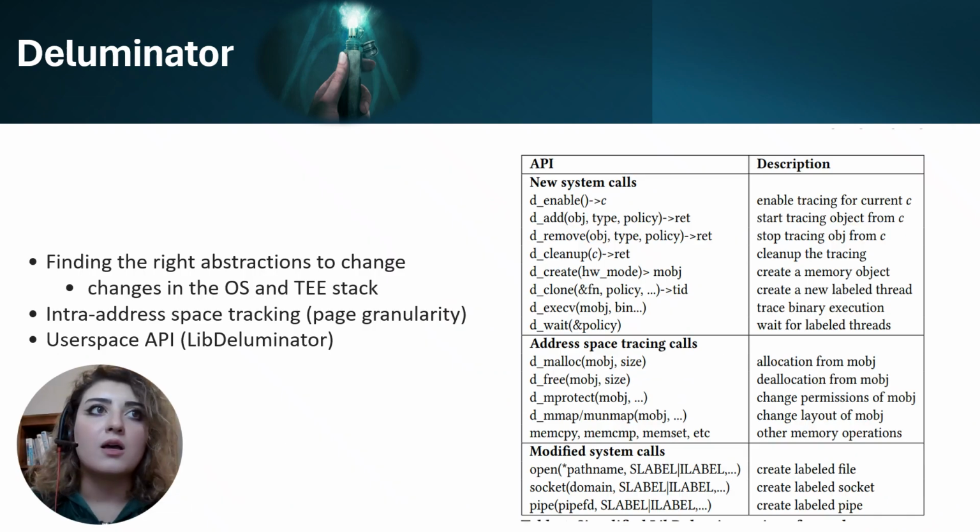Details. For Deluminator, the main thing that we needed to do was find the right abstractions for monitoring address spaces.